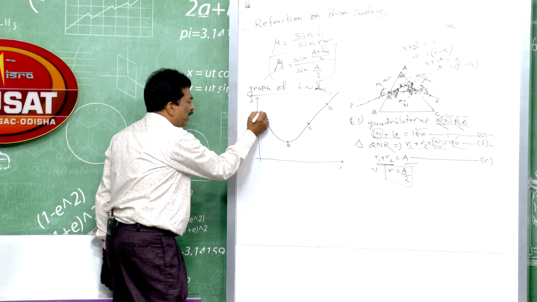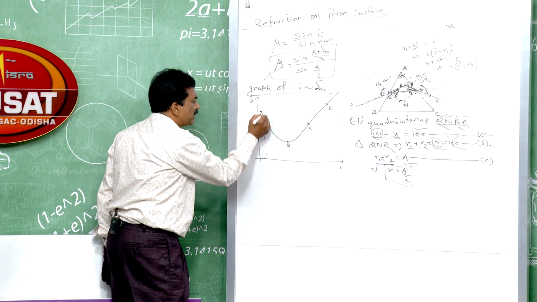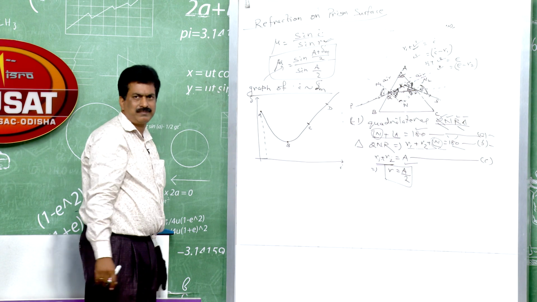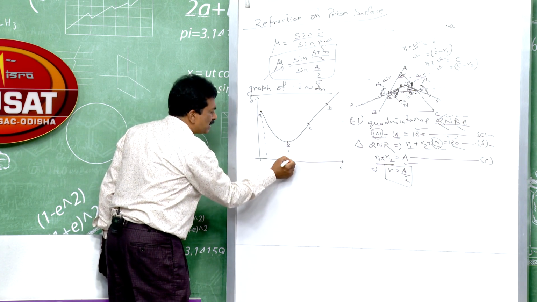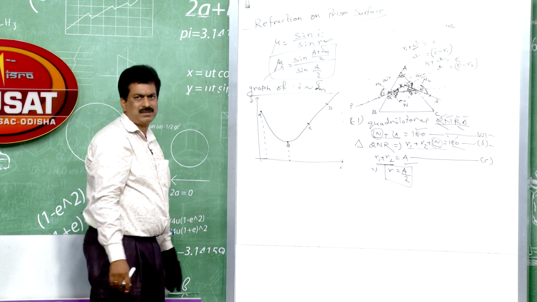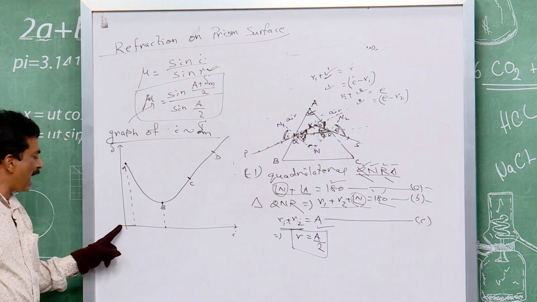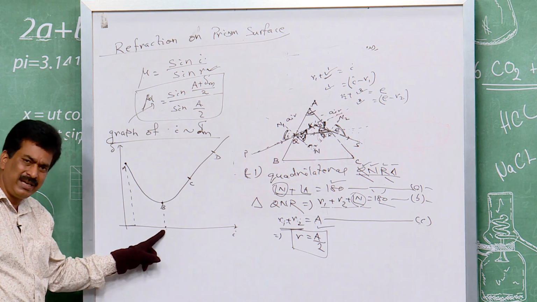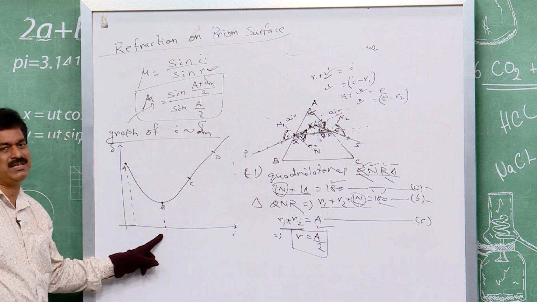So, at the point A, this is its angle of incidence and this is the angle of deviation. For the point B, this is the angle of incidence, this is the angle of deviation. So, what type of idea are you getting now? As the angle of incidence increases, the angle of deviation decreases.